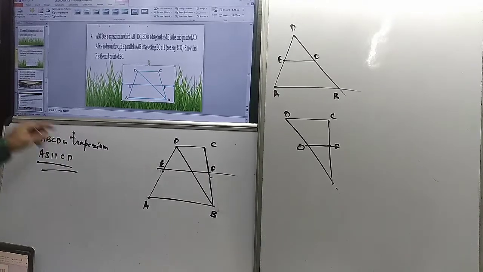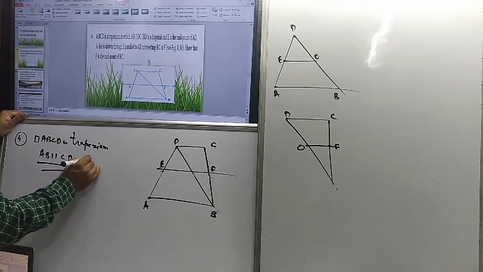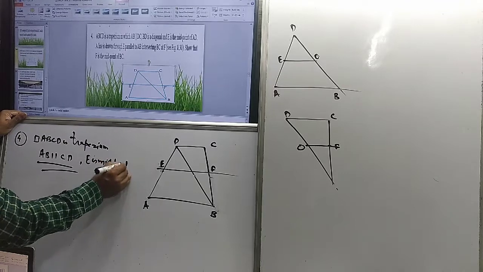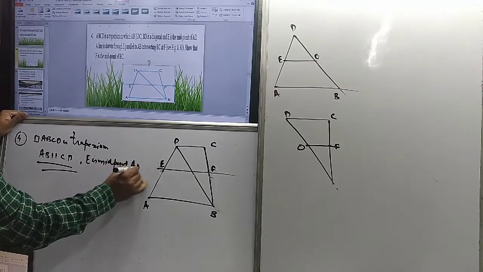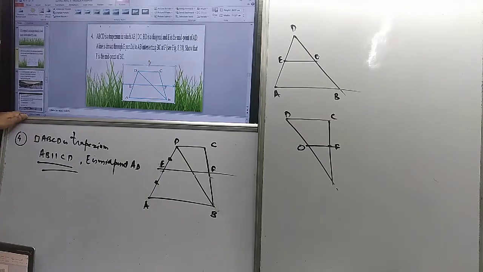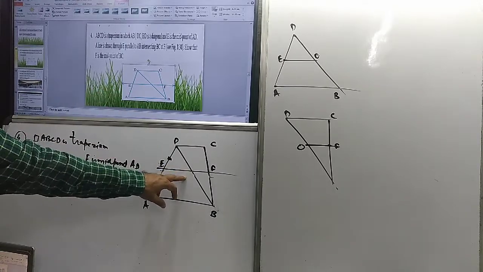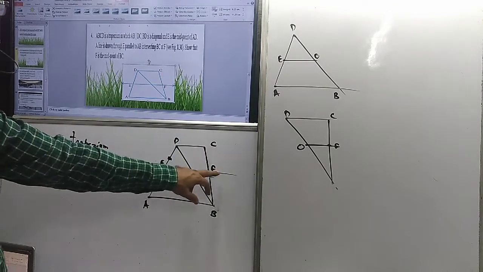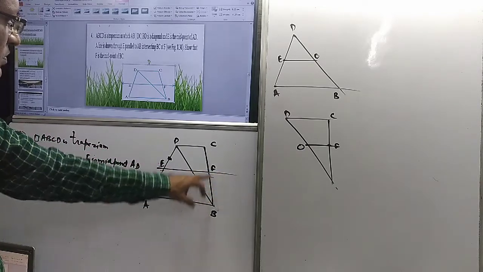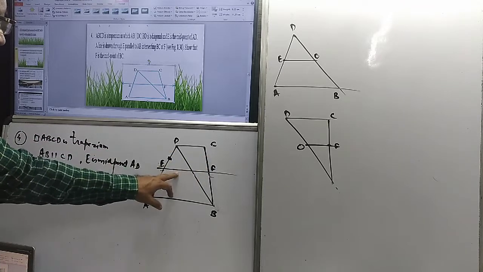Another thing given is that E is the midpoint of AD. And what do we have to prove? That F is the midpoint of BC.